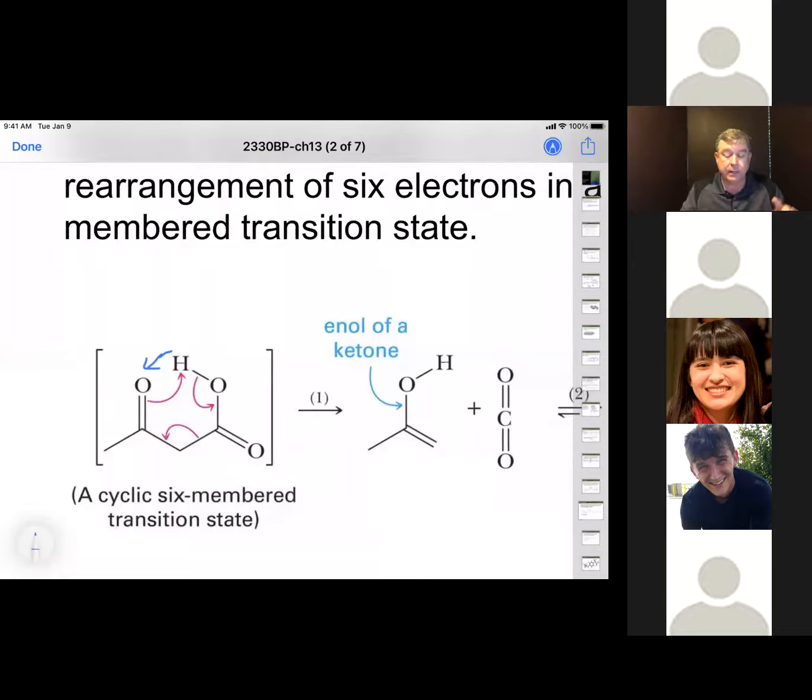In this case, it undergoes a concerted reaction, meaning it happens all at once, where the electrons from the carbonyl of the ketone flip up. The electrons that were on the hydrogen to the oxygen kick down. Notice that's going to give us a double bond here. And then the electrons that were on this carbonyl kick over here, and that's going to give us our enol form and CO2.